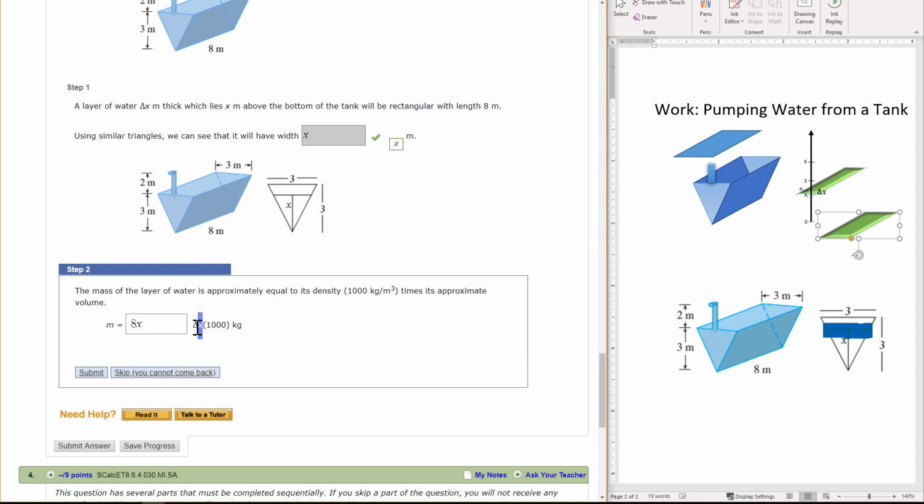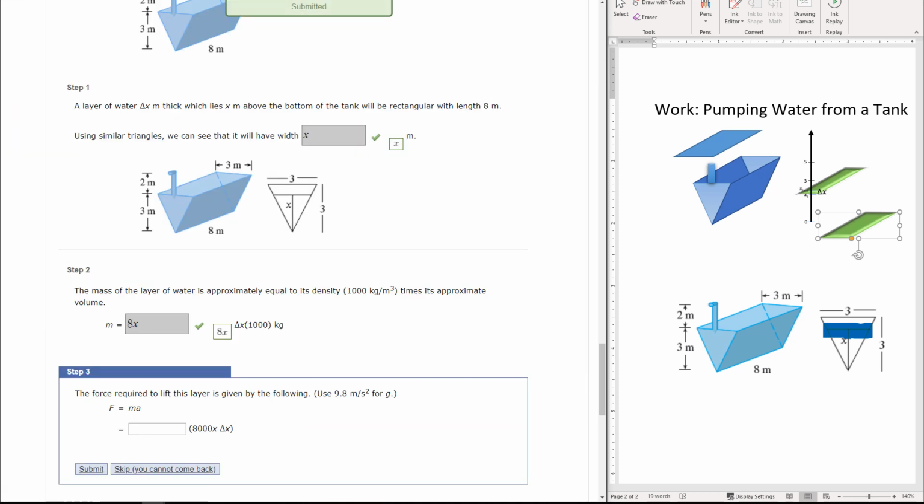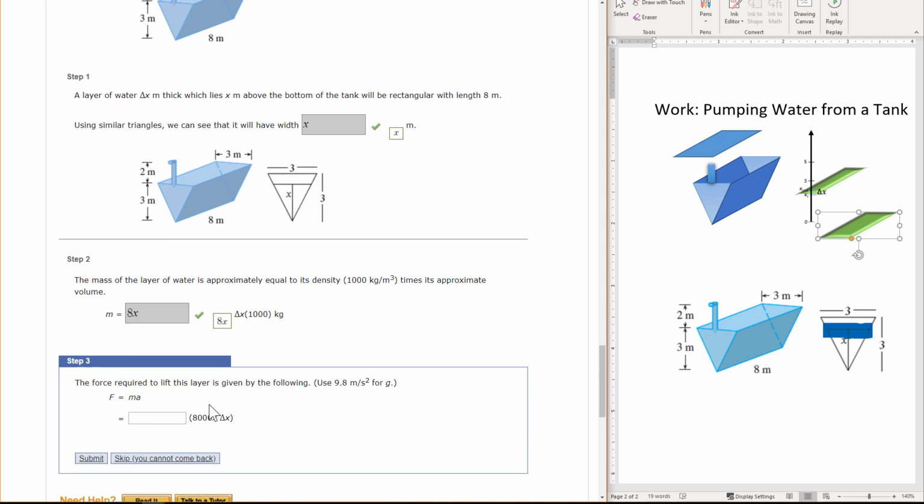And then delta x is the thickness, so that gives a rectangular box-like slab, which again is just an approximation, so that's fine. Then 1,000 is the density, so if you multiply the density times the volume, you're going to get the mass in kilograms. So let's check this answer. Now we have the mass.